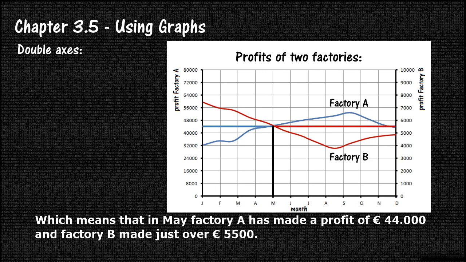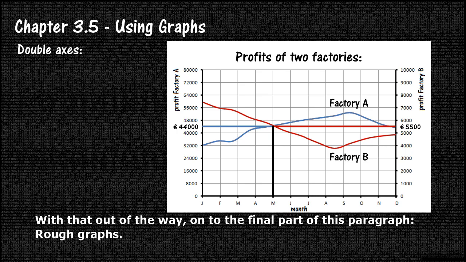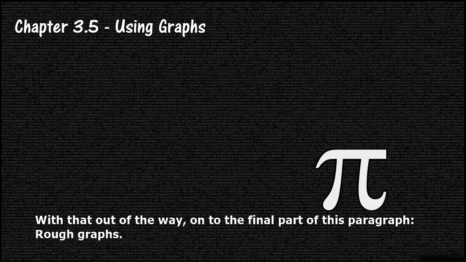Which means that in May, Factory A has made a profit of 44,000 euros and Factory B made just over 5,500 euros. So be sure to pay attention to the axis the graph belongs to and make sure to check if the intersection point has any value at all. With that out of the way, on to the final part of this paragraph.